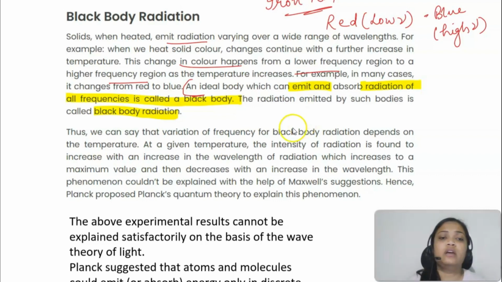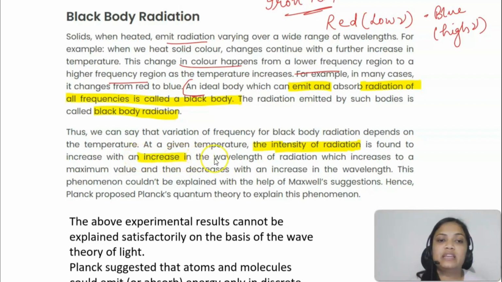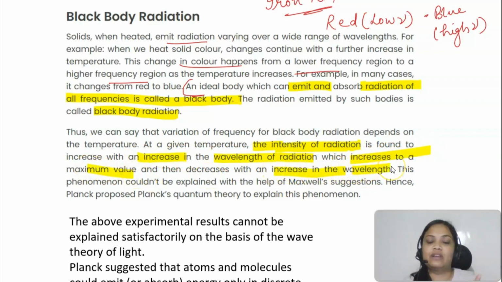It is found that at a given temperature, the intensity of radiation, meaning the intensity at which the radiation is coming out, increases with an increase in wavelength of the radiation. It first increases to a maximum value, then decreases with an increase in wavelength. So first, as the wavelength increases, the intensity of radiation keeps increasing up to a particular value. If we then increase the wavelength further, the intensity will decrease. But this phenomenon could not be explained with the help of Maxwell's suggestion, meaning the wave theory.